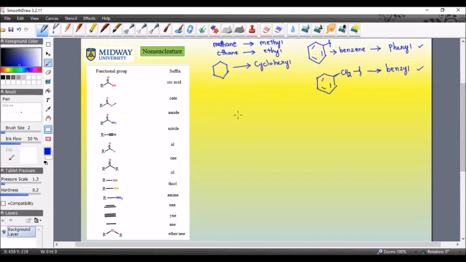The reason I said I want to do a fourth video is that this video and the video after this would only focus on compounds containing a single functional group, where only a suffix is needed. But when a compound contains more than one functional group, then we have to assign priority and use prefix and suffix: prefix for one or more of the functional groups, and suffix for only one of the functional groups.